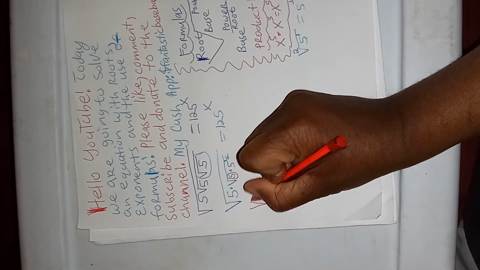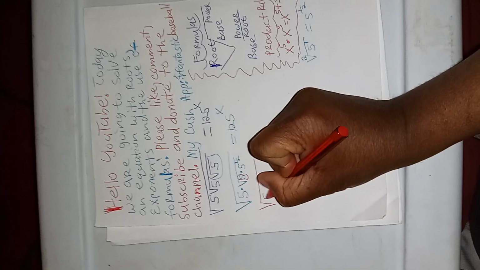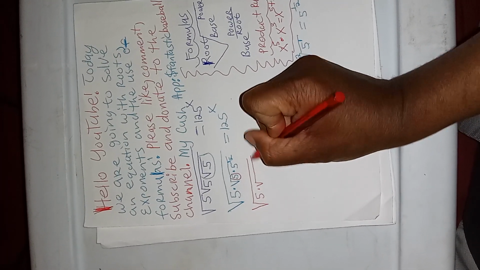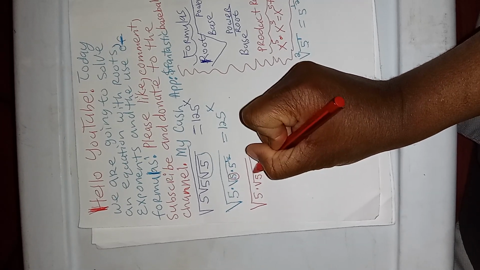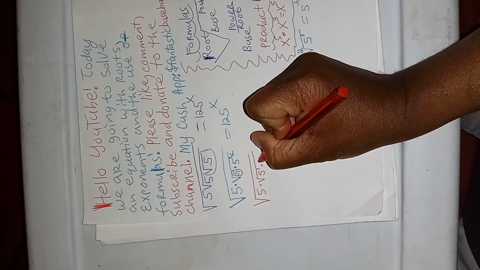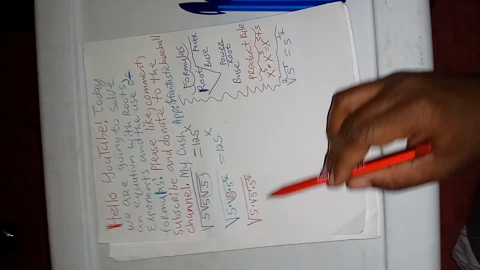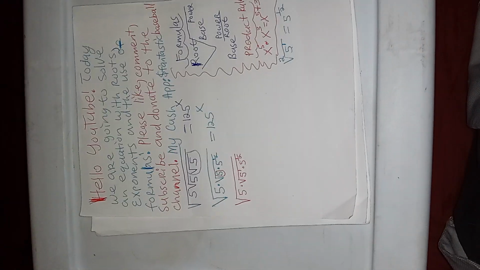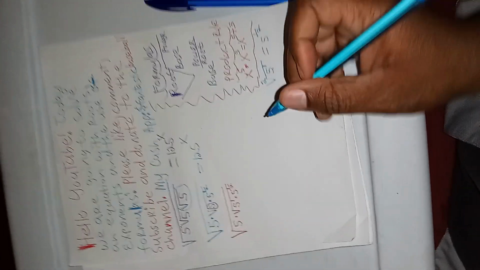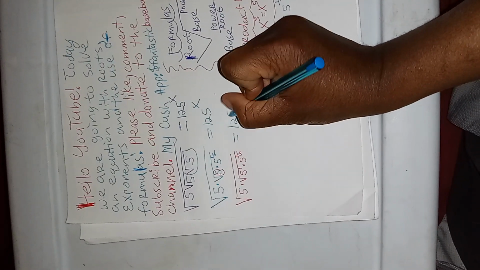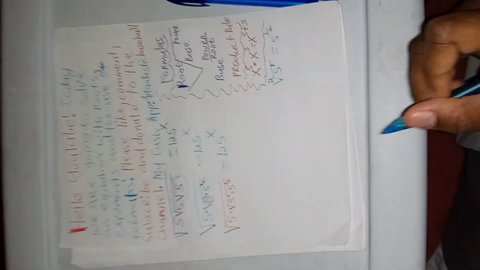So it's going to be the square root of 5 times the square root of 5 to the power of 1 times 5 to the 1/2 power. Now we see a situation here where we can utilize the product rule, and then set equal to 125 to the power of x.